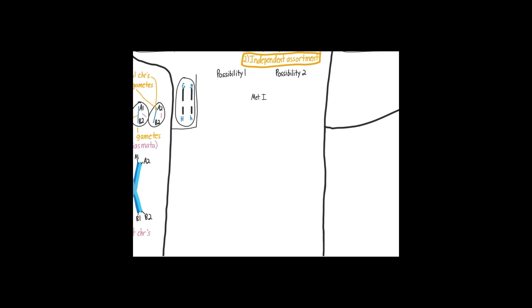They could line up like this, with the big G chromosome on the left and the big H chromosome on the left, or they could line up like this, with the big G chromosome on the left and the little H chromosome on the left. If possibility 1 occurs, these chromosomes are going left during anaphase.